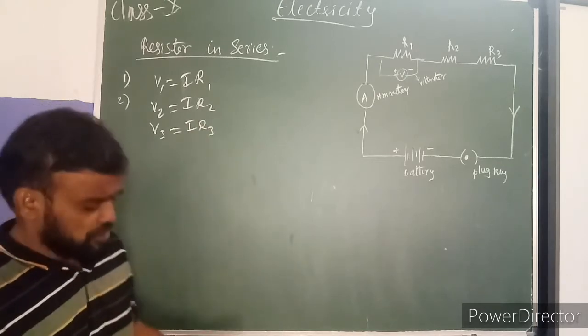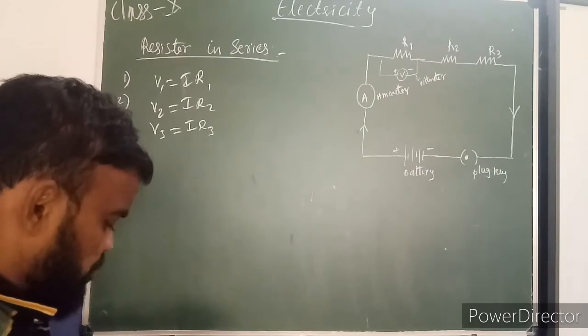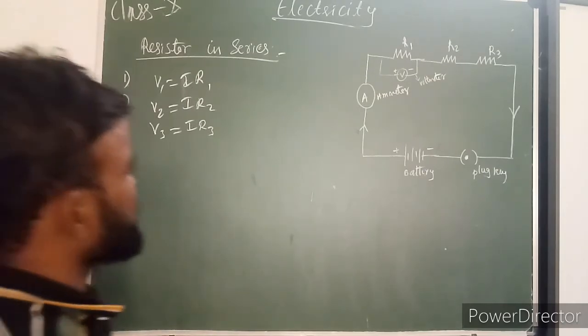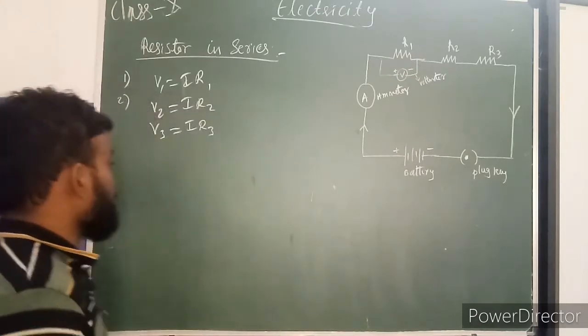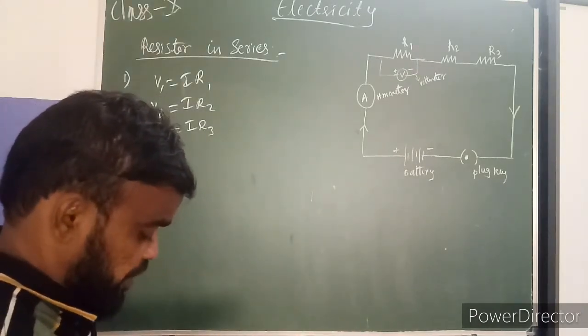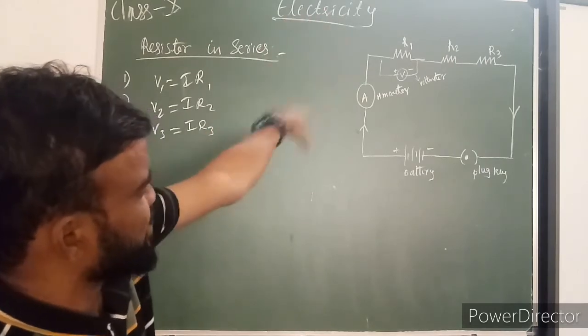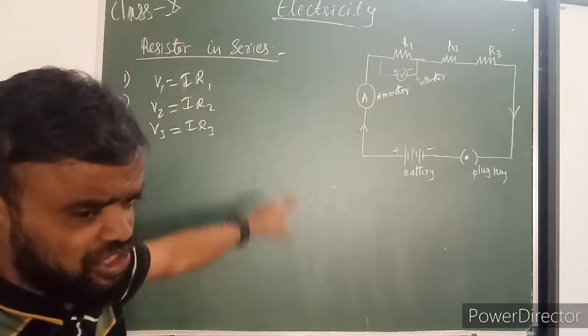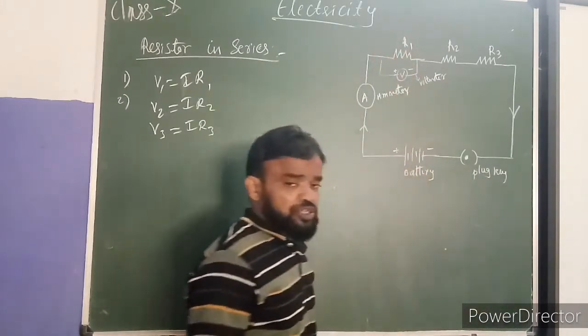To check the voltage across R1, we keep a voltmeter connected across the resistance and easily get the voltage supplied to resistance 1.